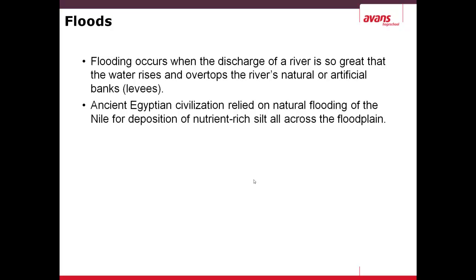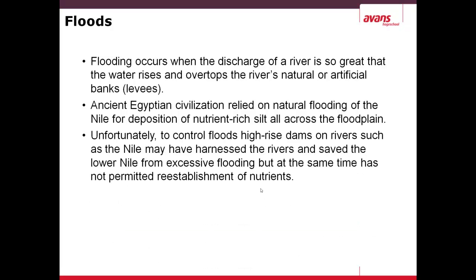When it floods, the deposition of nutrient-rich silt goes onto the floodplain to enrich the soil for agriculture. Unfortunately, to control the floods, they built dams on the rivers, and while it did keep from excessive flooding, it also kept the reestablishment of nutrients at lower than natural levels.